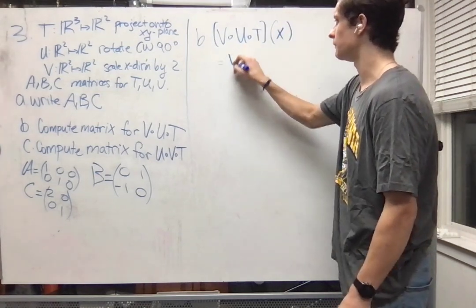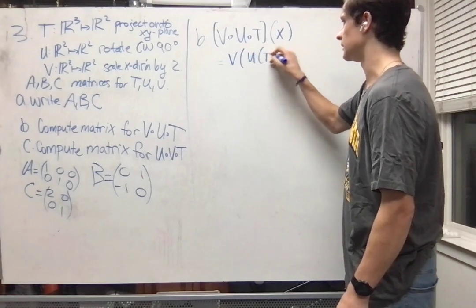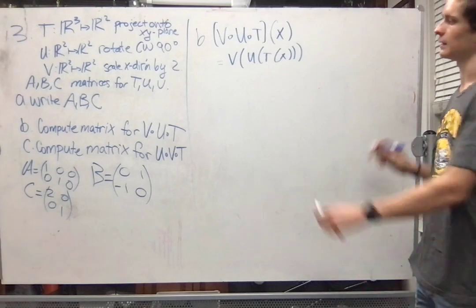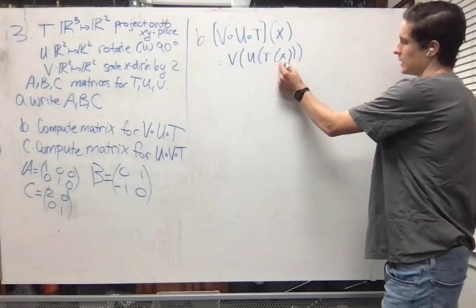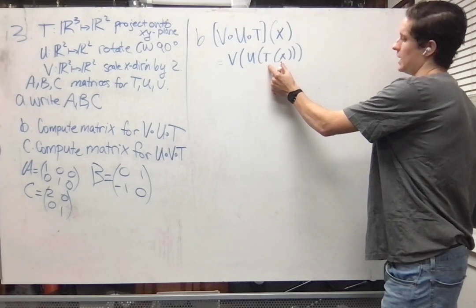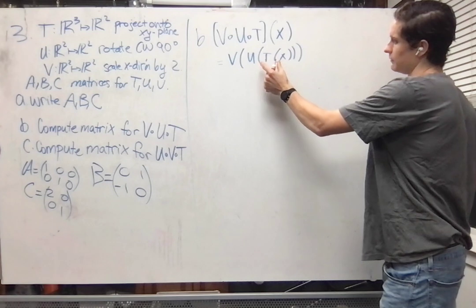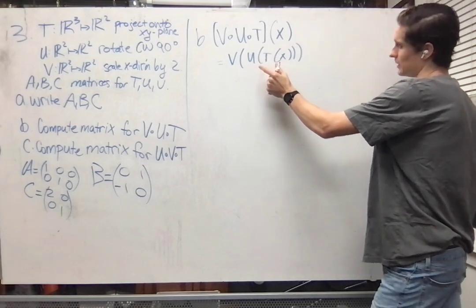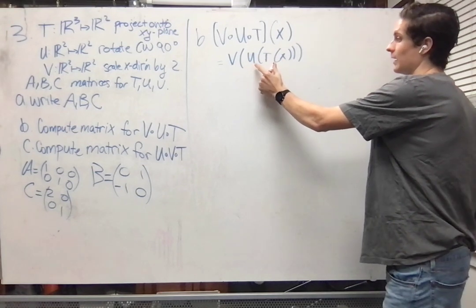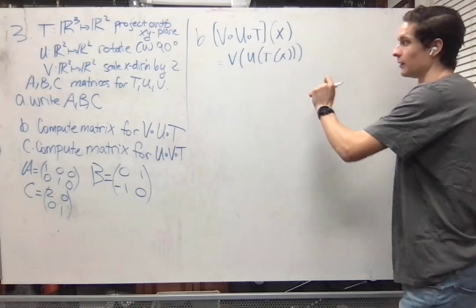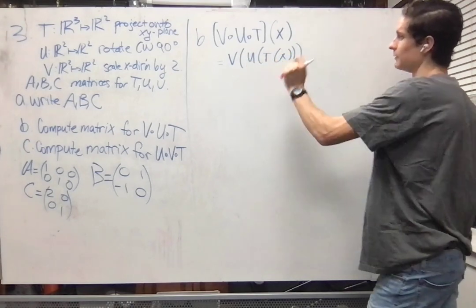This means V of U of T of X. So if I follow the order of what happens, I plug in my input X, and that goes first into function T, which is evaluated to be T of X, and then that output goes into the input of U, which is evaluated to be U of T of X. Finally, the output of U goes into the input of V, and then we have the final output V of U of T of X. So if you follow the order, first T happens, then U happens, then V happens.